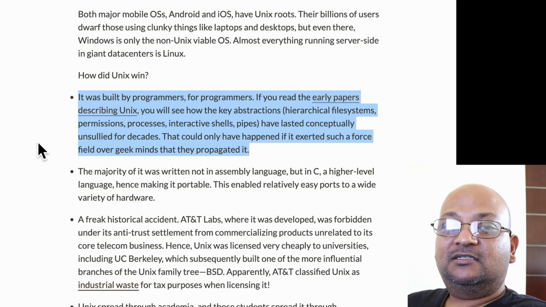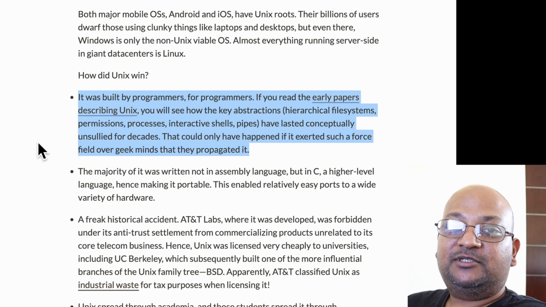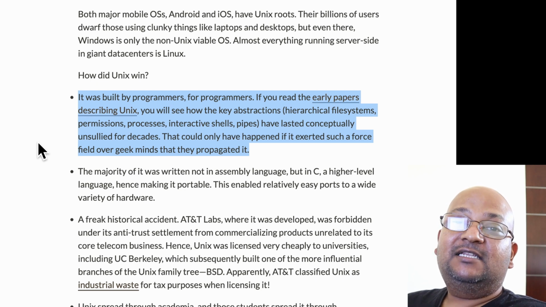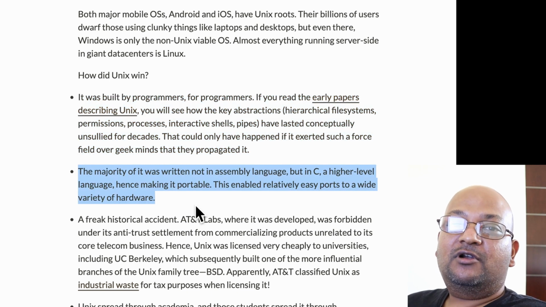These abstractions would not have been so enduring if they were not good abstractions. And programmers really took a liking to these abstractions because of their simplicity and their power. And I think that is what enabled Unix to basically keep getting carried forward in the minds of programmers and geeks.